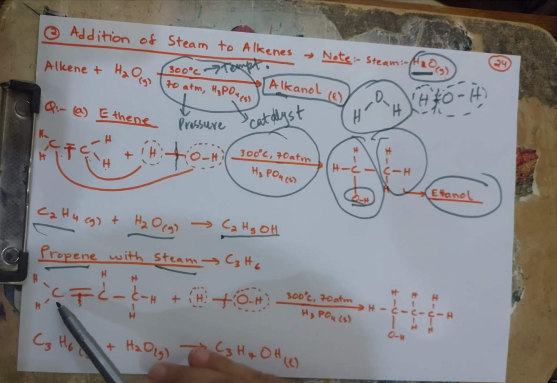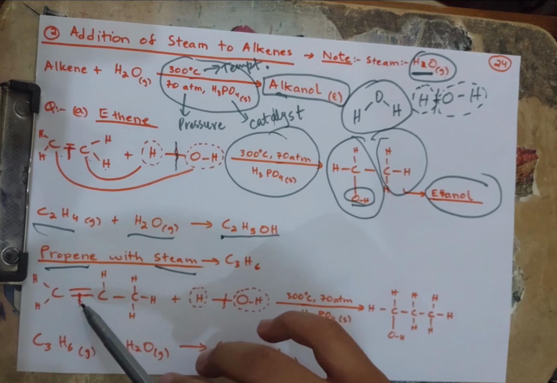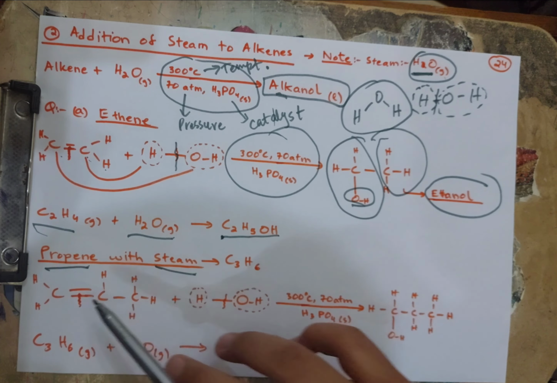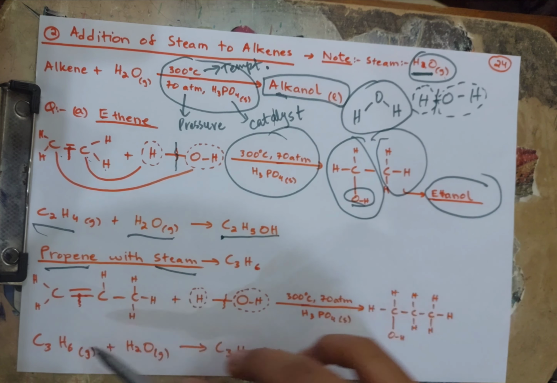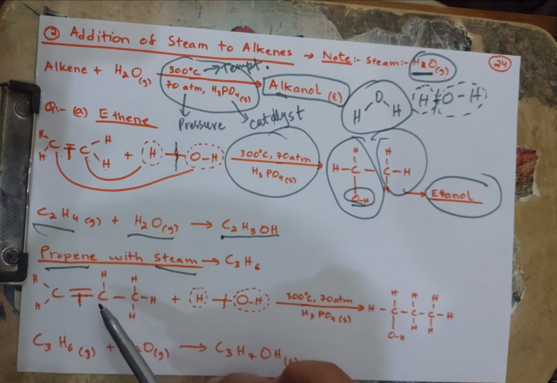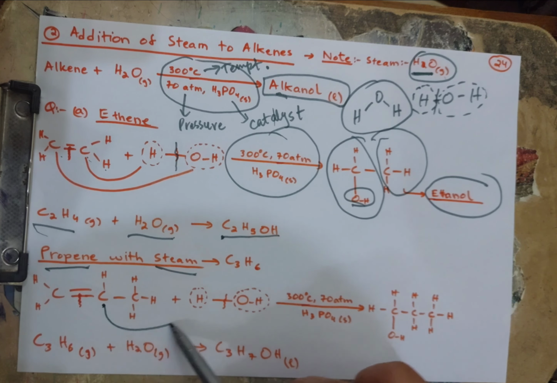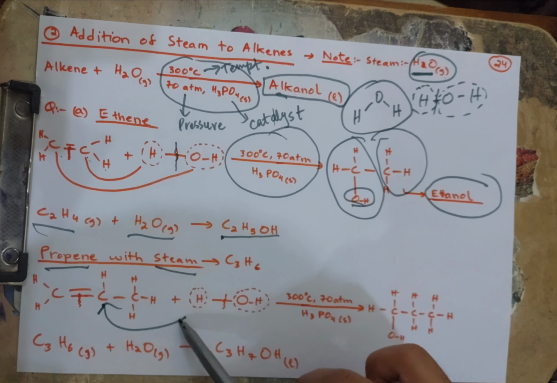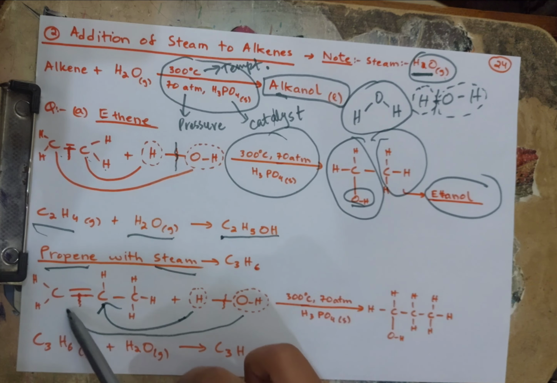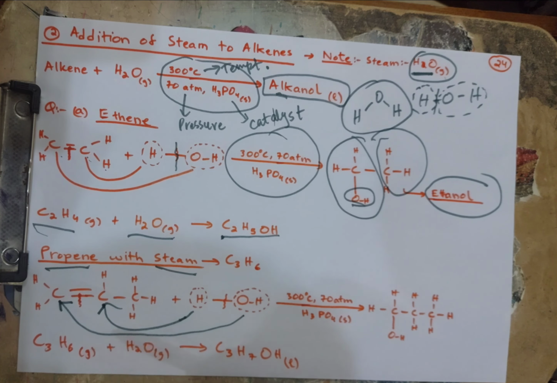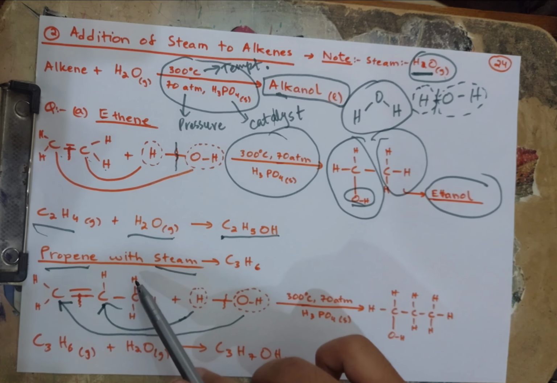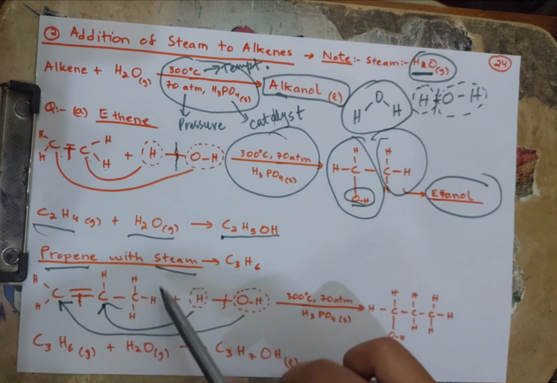So here we go, C3H6, this is the double bond, it will break down. One H will attach to this carbon atom, this OH group will attach with this carbon atom. Nothing will attach with this carbon atom as it is already saturated and there is no double bond.